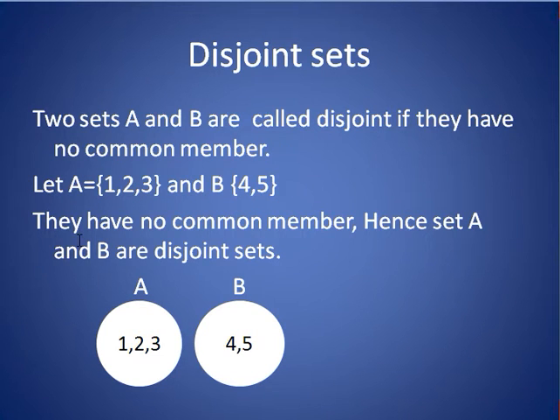So if they have no common members, they are called disjoint sets. And sets A and B are called disjoint sets. If sets have no common element, they are disjoint sets.